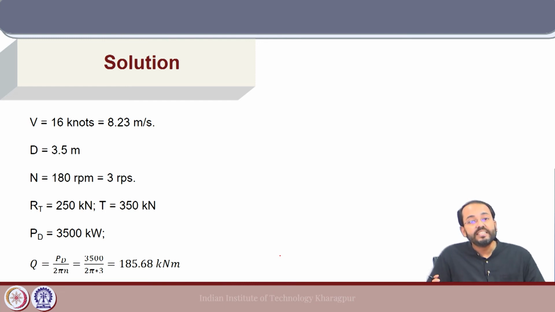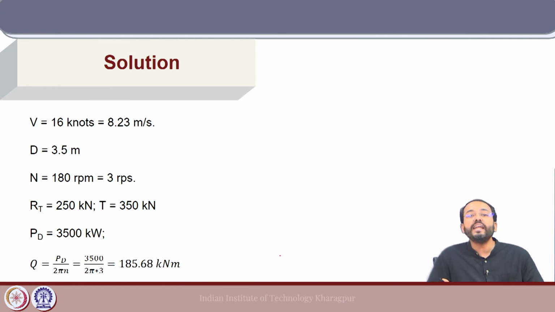So, this is the resistance without the propeller, the resistance of the ship alone without the acting propeller, which in the standard way we call the total resistance. PD is the delivered power, 3500 kilowatt.